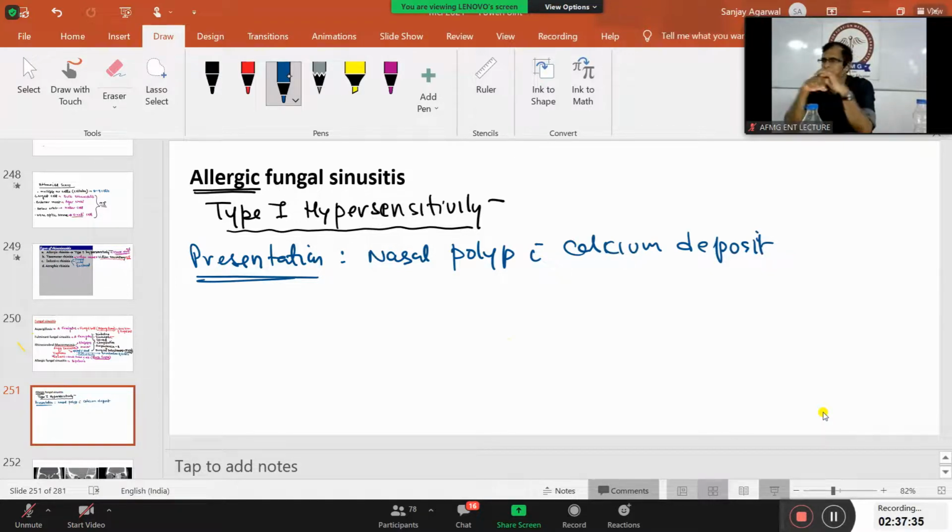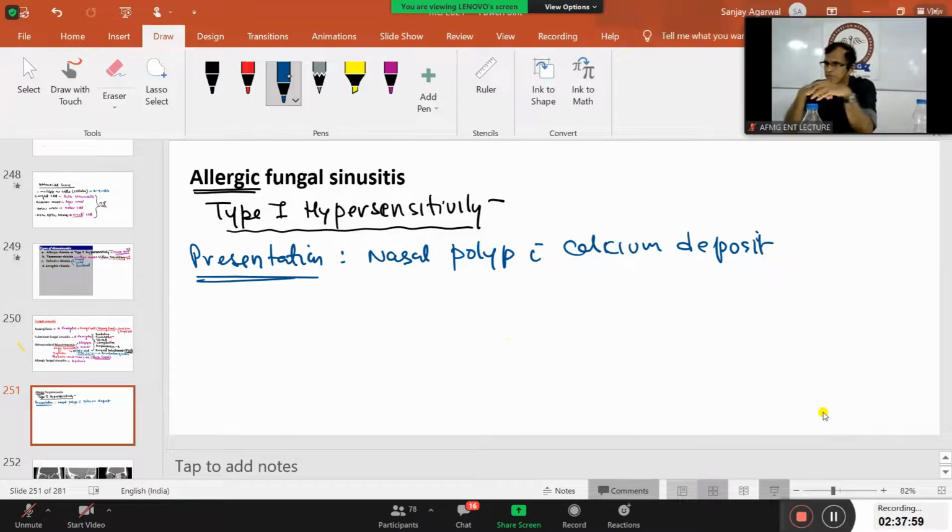Which means there is a polypoid growth in the nose, which you can see very easily. When you have polyp in the nose, you can see very easily, examine and diagnose polyps. But this polyp is क्या? Calcium अंदर. But calcium you can't see because it is inside. And therefore, when you examine the nose, you don't know polyp इसका है कि normal polyp.